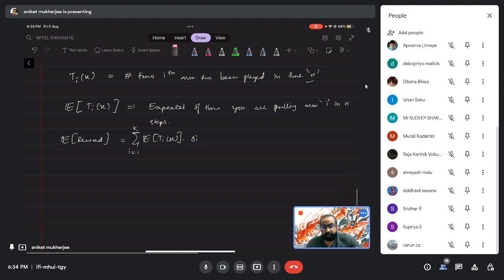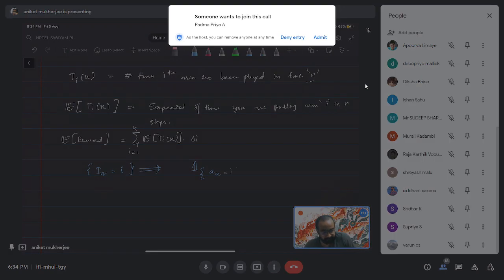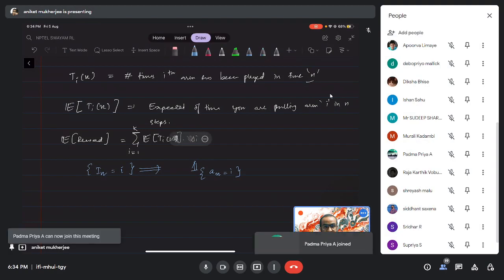I think sir in one of the steps introduced the notion I_n equal to i. I'm not sure what notations are introduced, but this basically means the indicator function of A_n equal to i. I think I told this in the last tutorial.